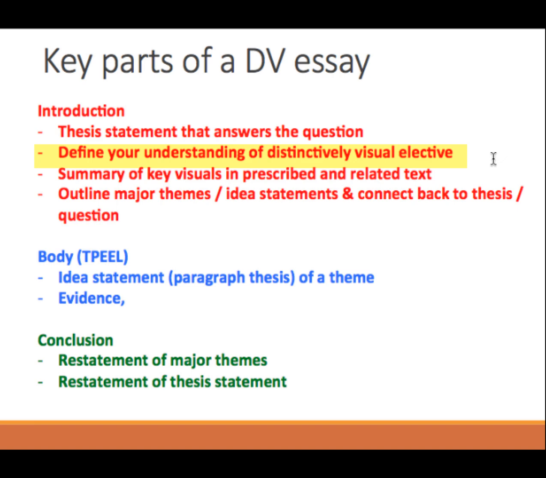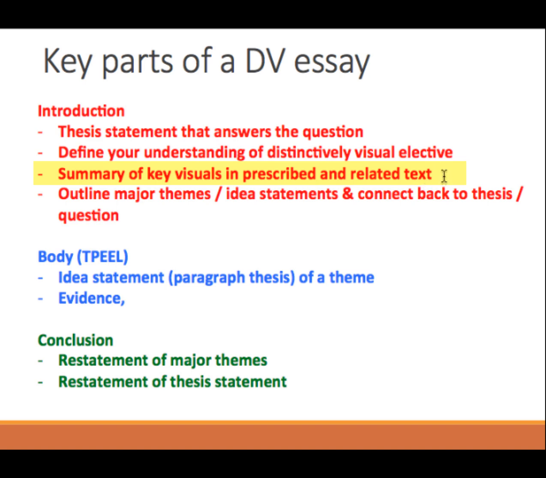So we can pre-prepare a sentence which shows our understanding of the distinctively visual elective and slot it into our introduction. After that, we're summarizing the key visuals in the prescribed and related text. Basically what I mean is we're trying to summarize the plot and the key visual understandings that come from the text.